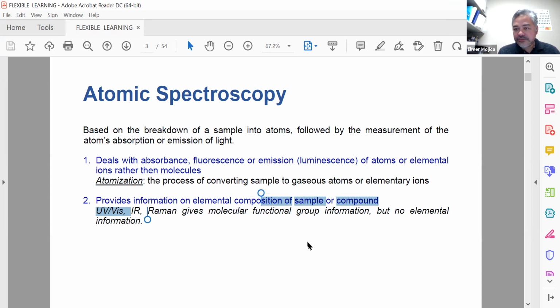All molecular spectroscopy, UV-Vis, IR, Raman, give molecular functional group information, but no elemental information. That's the difference with atomic spectroscopy: it is at the elemental level because it looks at the atom.